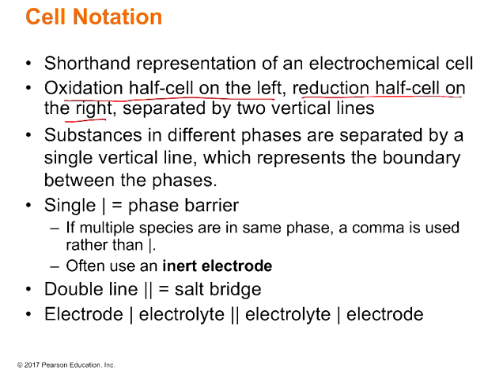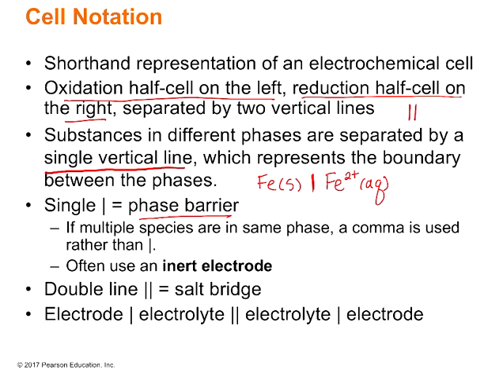And we separate those two different half reactions with 2 vertical lines. And then we saw that substances in different phases are separated by a single vertical line. So that represents the boundary between the phases. So as an example, we saw that solid iron was separated from aqueous iron 2 plus. So if you have a single line, that's a phase barrier.